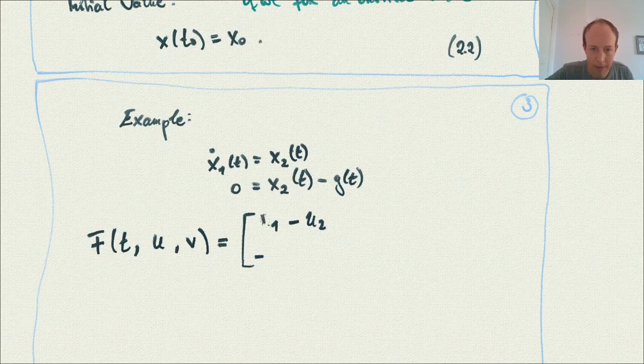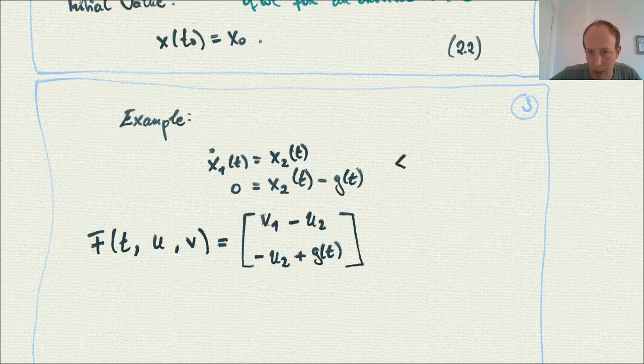So this will be v1, because v we will associate with the time derivative: v1 x minus u2, and minus u2 plus g of t. So this will be basically our function that takes t, u, and v, and returns that.